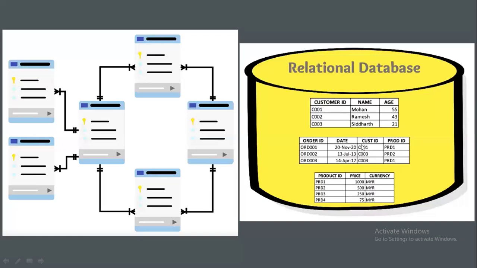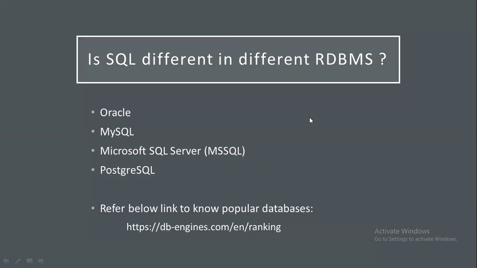On what basis we give the relationship and how we join, we'll discuss later. Then the product table to the orders table: we give the relationship based on product ID. So this is a sample database.